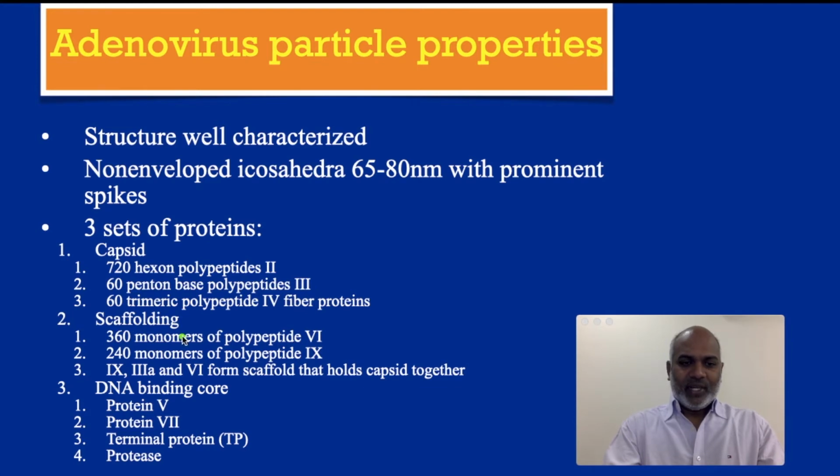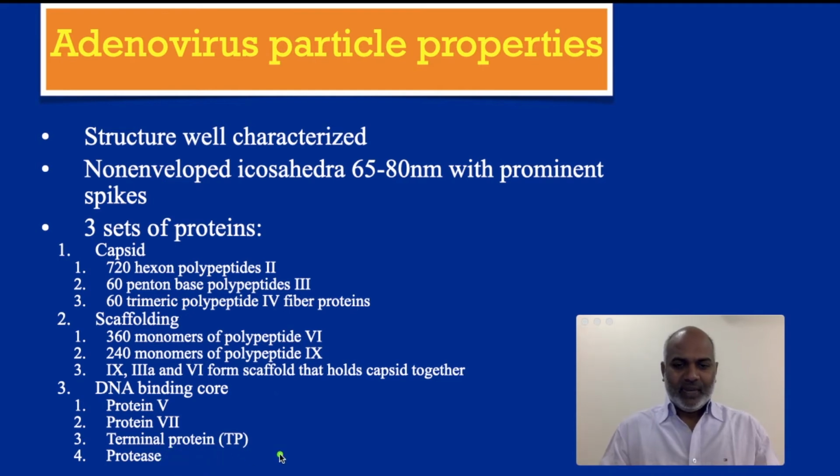The other proteins are called scaffolding proteins: polypeptide 6, polypeptide 9, and 3A. They form the scaffold that holds the capsid together. Then inside the core you have the DNA binding proteins: protein 5, protein 7, the terminal protein, and also the protease enzyme.